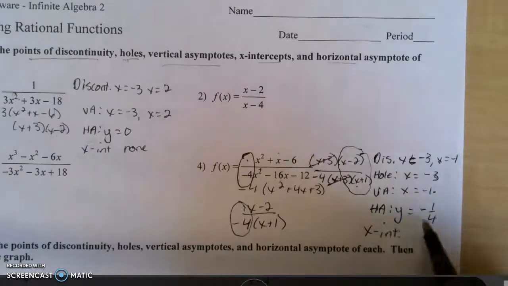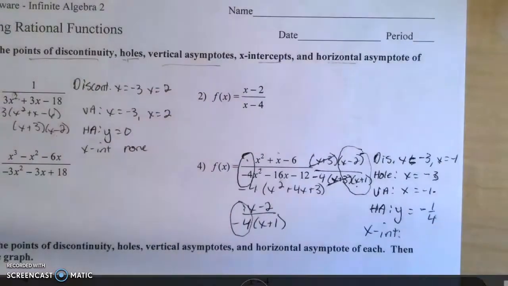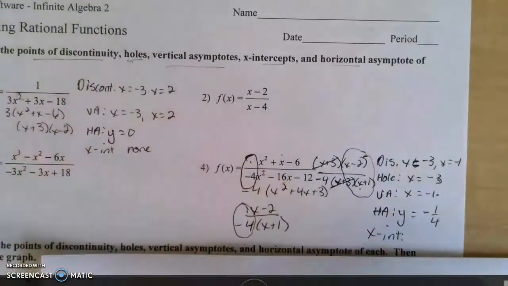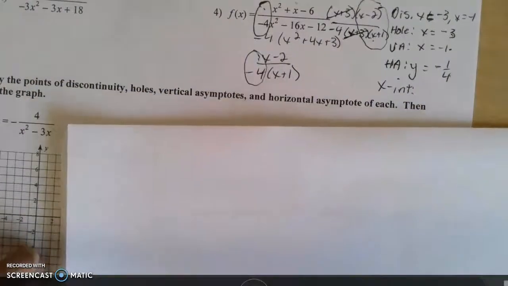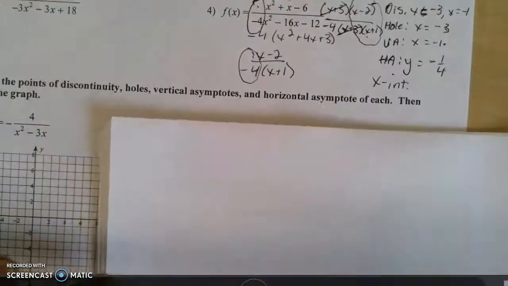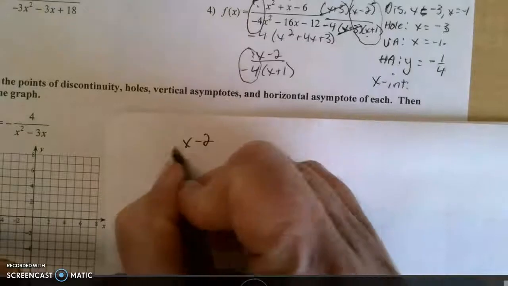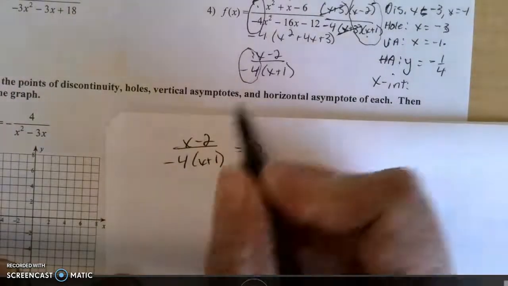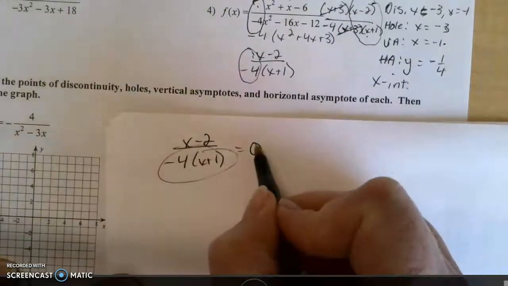Now if I want to find my x-intercept, this time my asymptote is not 0, so I'm going to set this equal to 0. So I ended up with my function is x minus 2 over -4 times x plus 1. The nice thing about this denominator, when I times it by 0, it's gone.